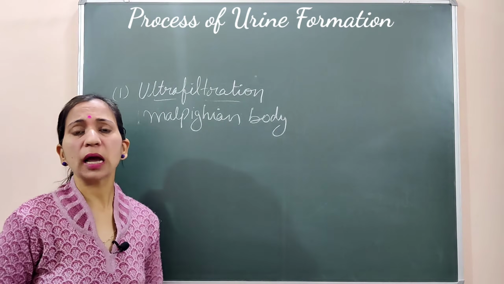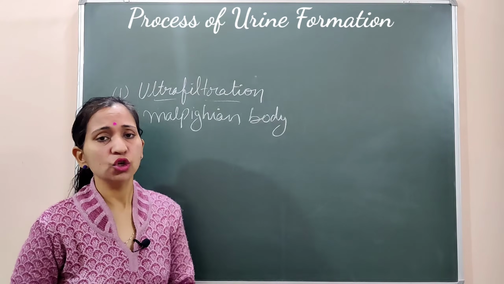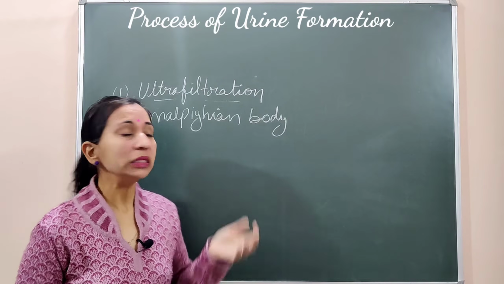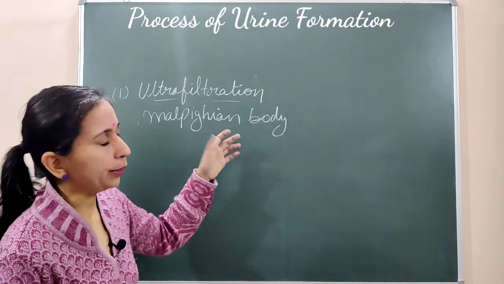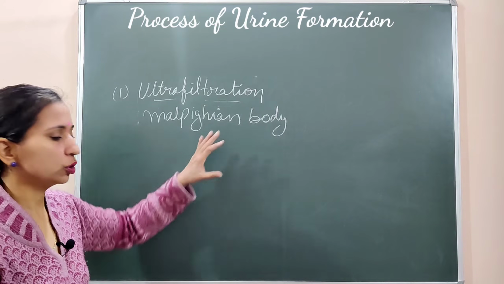This filtration process happens due to pressure. The pressure applied here is known as glomerular filtration pressure, which is responsible for doing this ultrafiltration. We will discuss what pressures are there by which this filtration process happens.